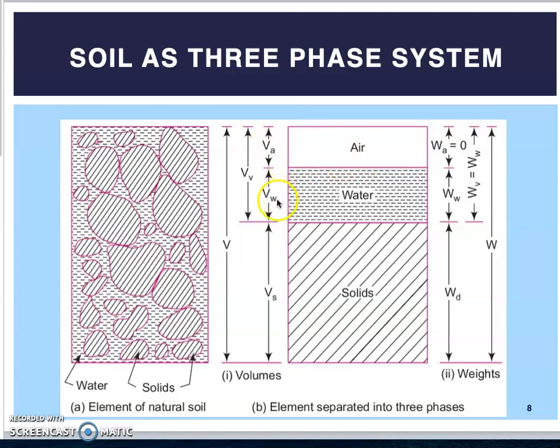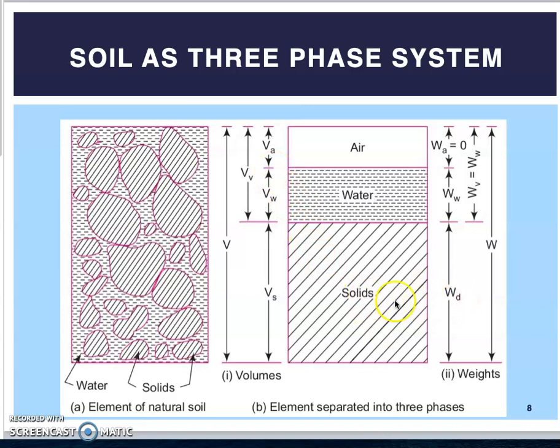Va plus Vw plus Vs in total will give me the volume of the soil element. Va plus Vw, what will this give me? Volume of voids.